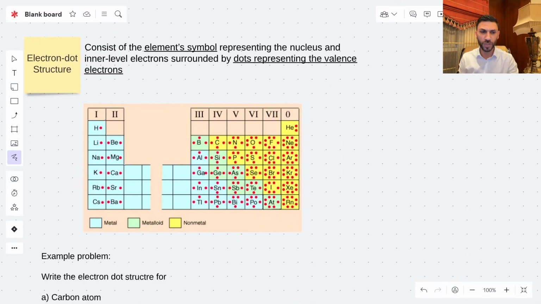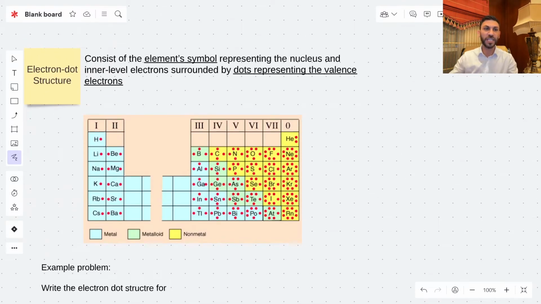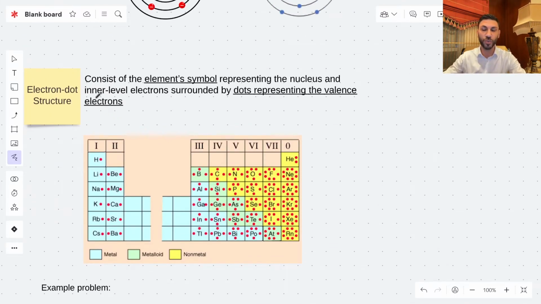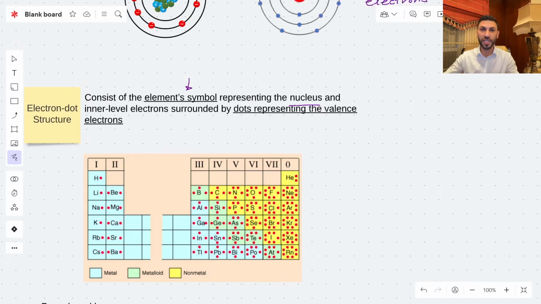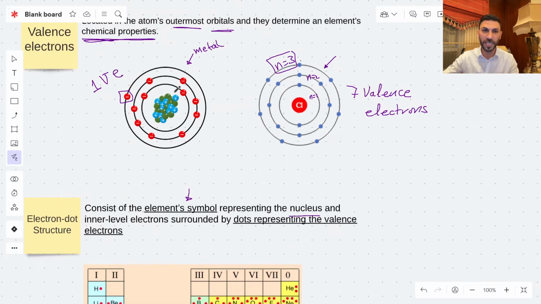Last thing we're going to study in this video is the electron dot structure. We need to understand how we write the electron dot structure. It consists of the element symbol representing the nucleus and the inner level electrons. The inner level electrons, for example, for this atom are these in n equals 1 and n equals 2.